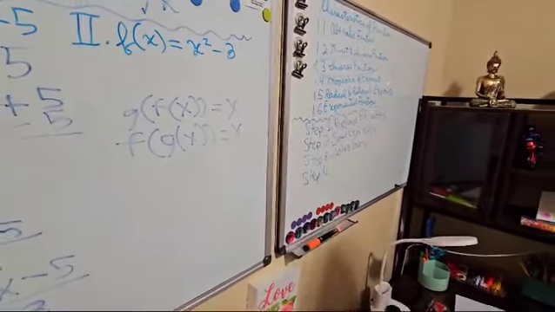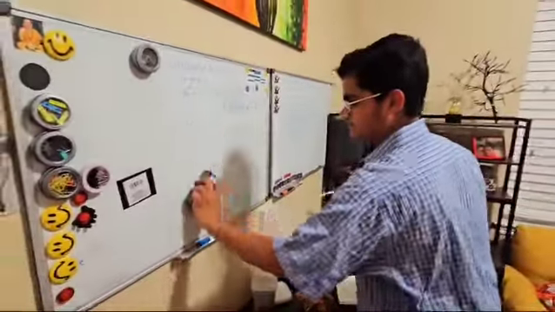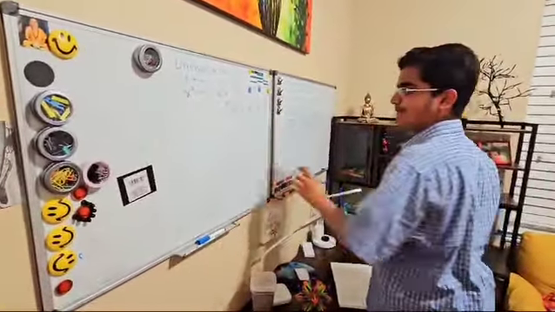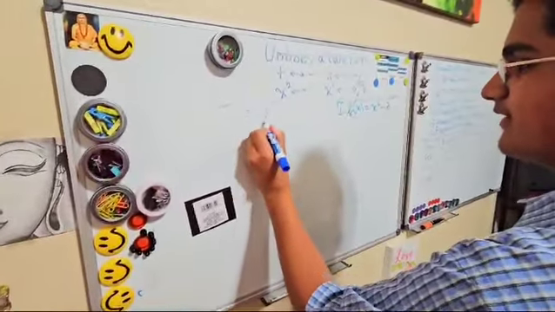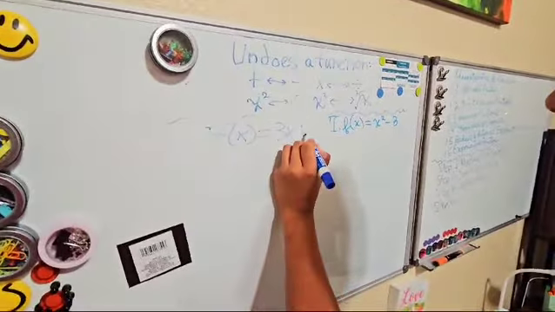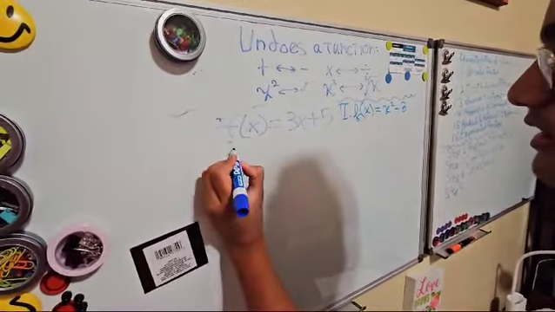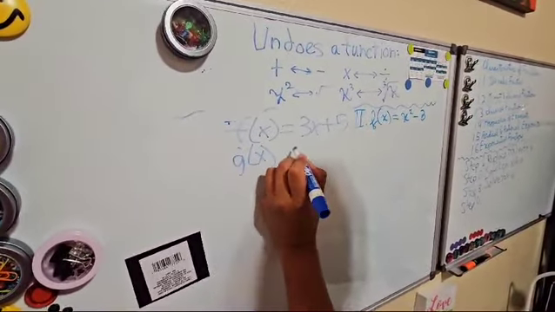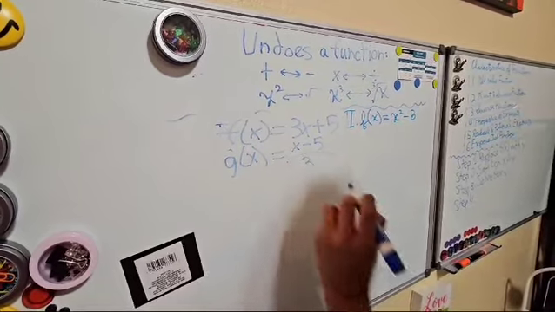So let me just erase all this from the board. What we found out is f of x is equal to 3x plus 5 and g of x is equal to x minus 5 divided by 3.